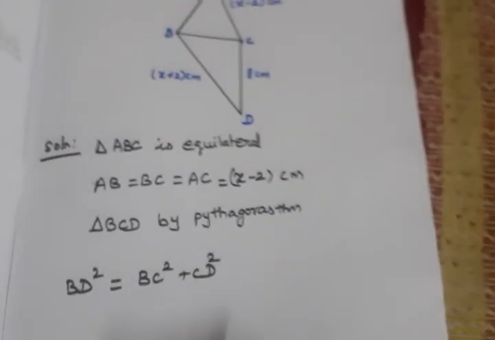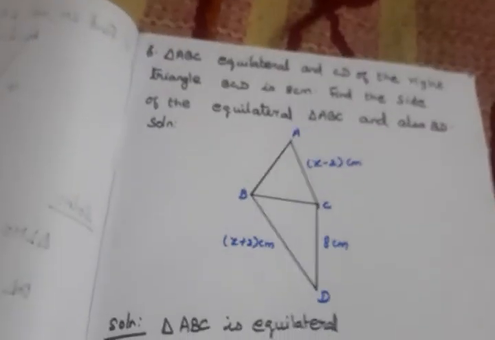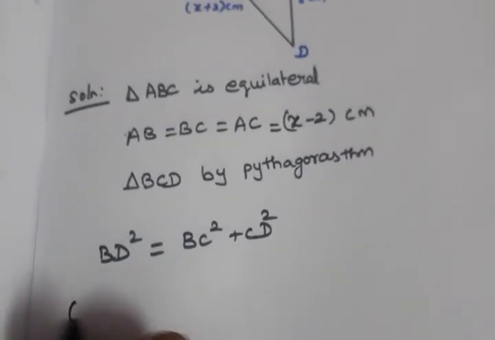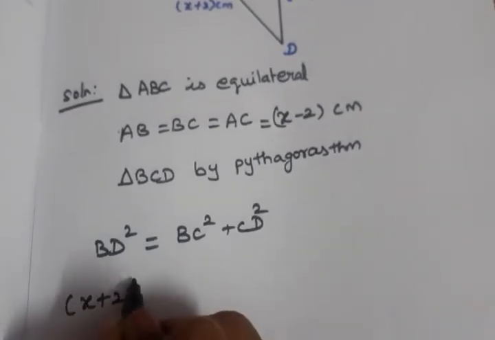So BD value is x plus 2 centimeter, x plus 2 the whole square. Since it is a right angle triangle, then next the BC square. BC square value, all sides are equal.